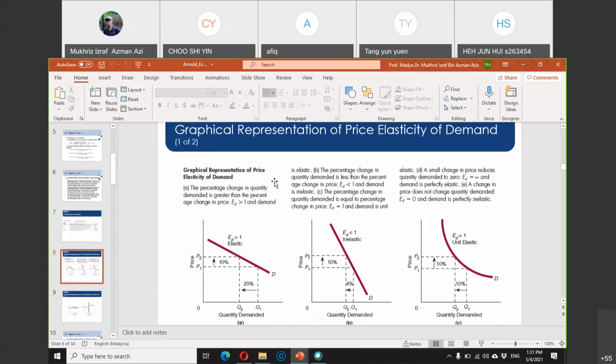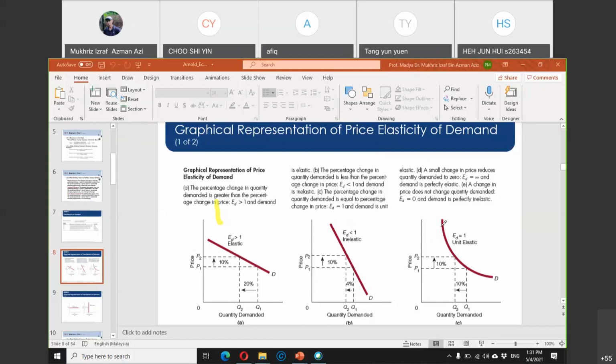So what is the shape of the demand curve for elastic demand? Whenever you plot the demand curve, elastic demand will be flatter than inelastic demand. Elastic demand will always be flat, meaning gently sloped, but inelastic will be steeper compared to elastic.